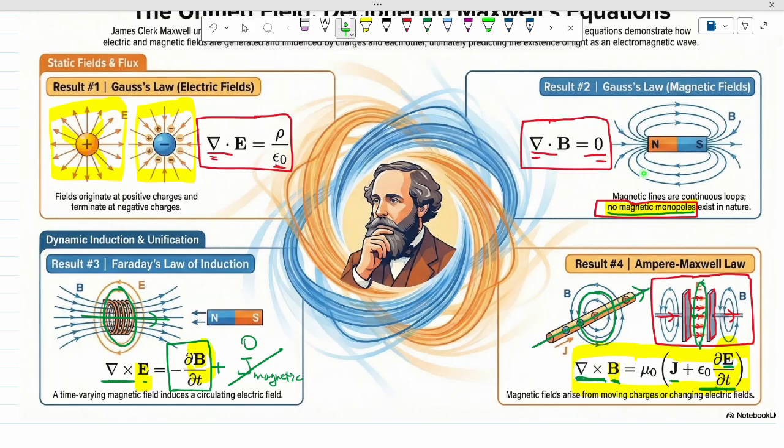So any magnetic fields that we have, they don't have a shape that looks like this. They might have this dipole field pattern, which you can also get out of loops of current. So yeah, there's no source for magnetic fields that have this kind of a shape. That's what result number 2 says.